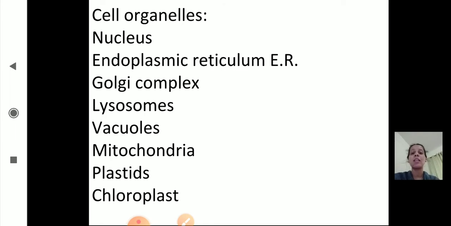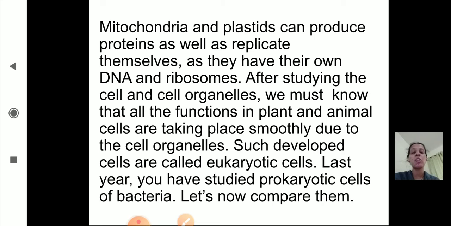Now the next and the last part from lesson number 10 is that mitochondria and plastids can produce proteins as well as replicate themselves, as they have their own DNA and ribosomes.